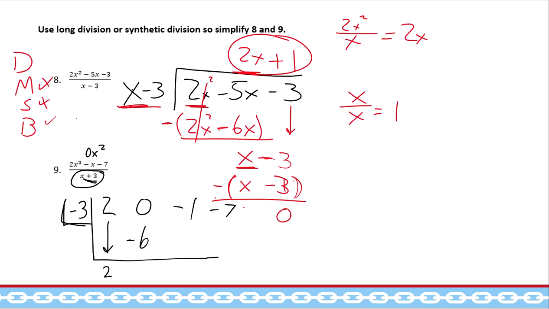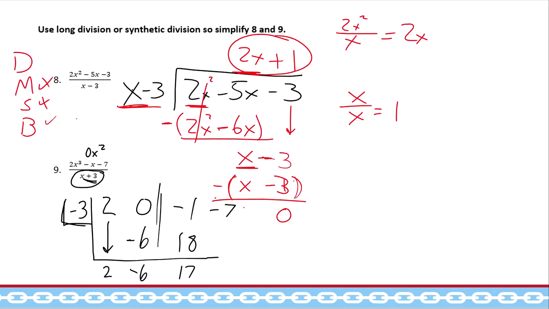I am then going to add, going down in this column right here, the 0 and the -6. 0 plus -6 would be -6. Then I'm going to go back to multiply the -6 by the k-value, and I get a positive 18. And I'm going to add down again. -1 plus 18 is 17.